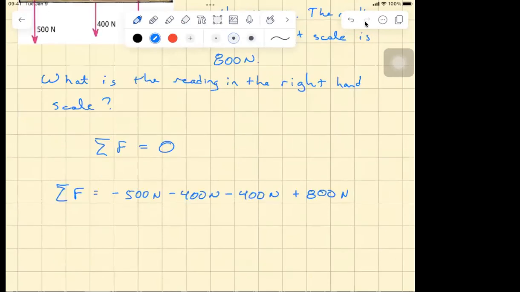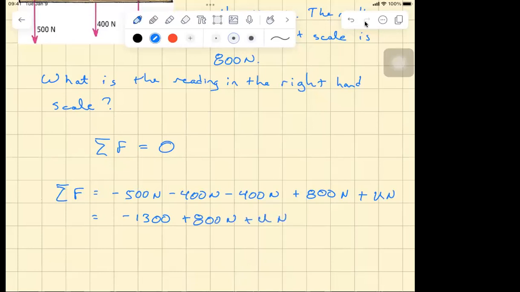So the sum of the forces is equal to, what do we have here? We have a negative 1,300 and then we have plus 800 newtons plus the unknown newtons.